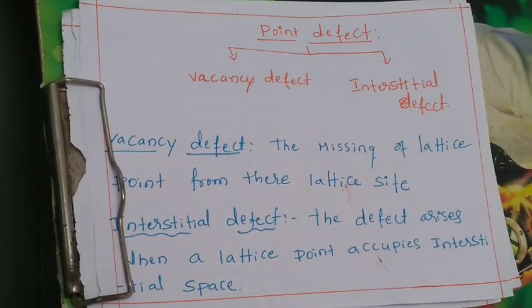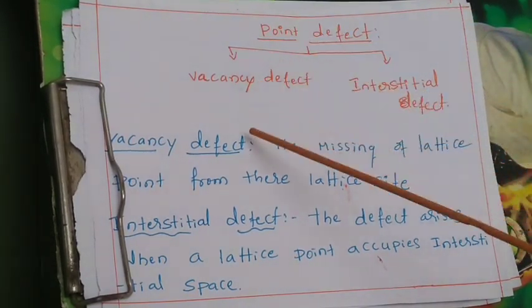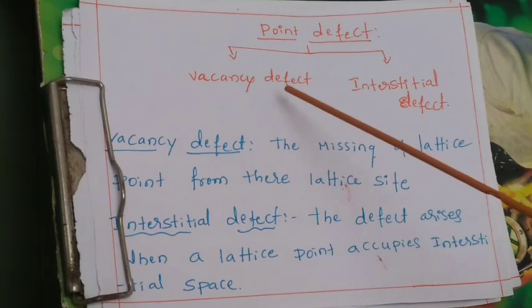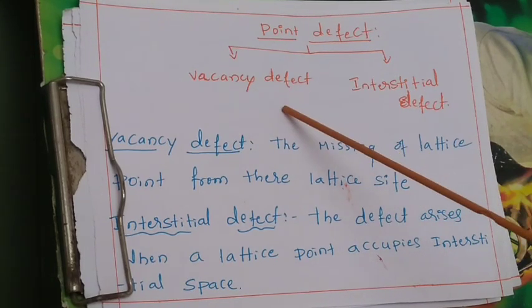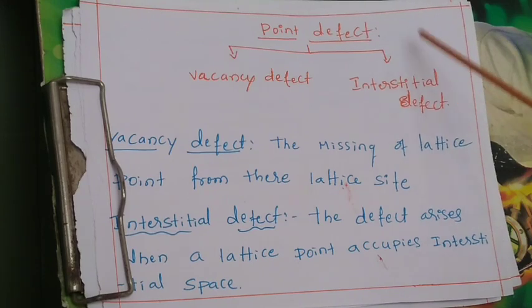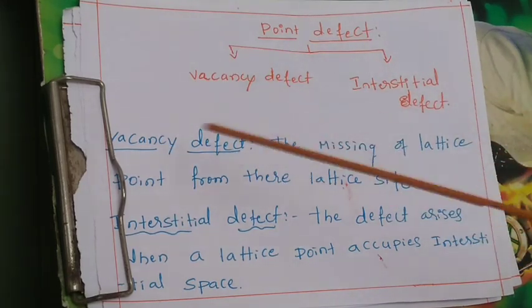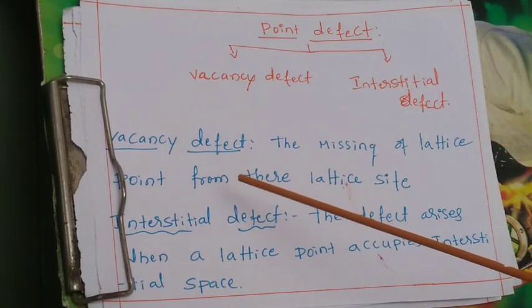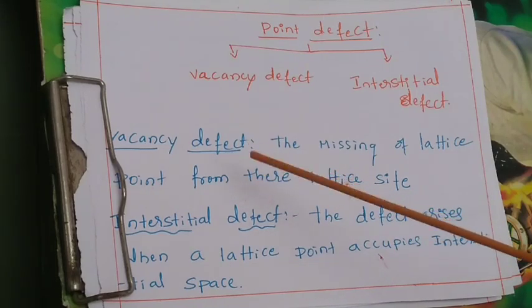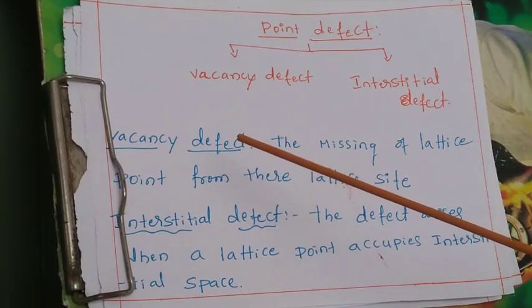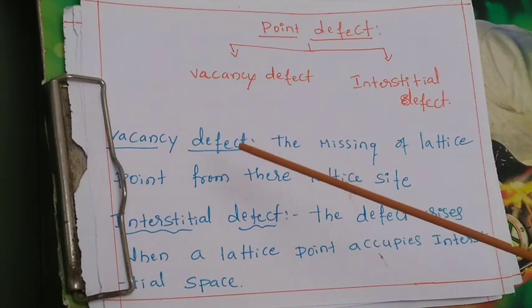Point defect is classified into two types, that is, vacancy defect and interstitial defect. Vacancy defect is due to the missing of lattice points from their lattice site.